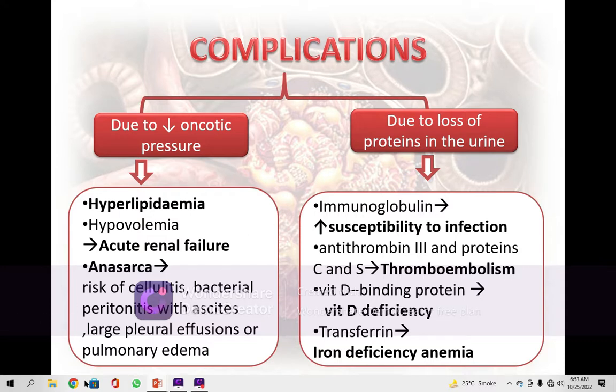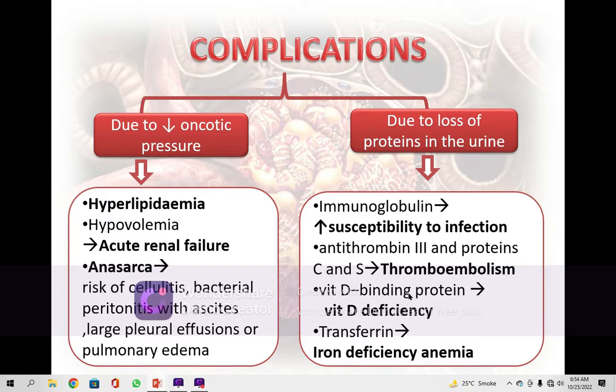If immunoglobulin is lost, susceptibility to infections is more. Antithrombin 3 is lost, which is a natural anticoagulant. Remember that protein C and S are also involved, because they are natural anticoagulants present in the serum. It will cause thromboembolism, and it is a very important complication.